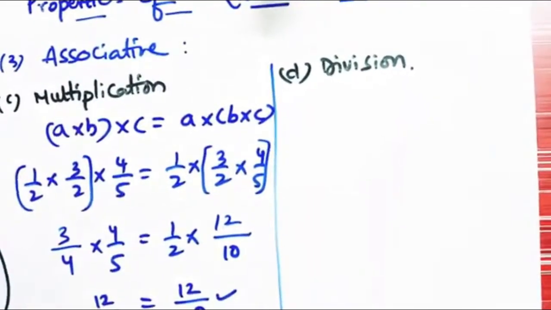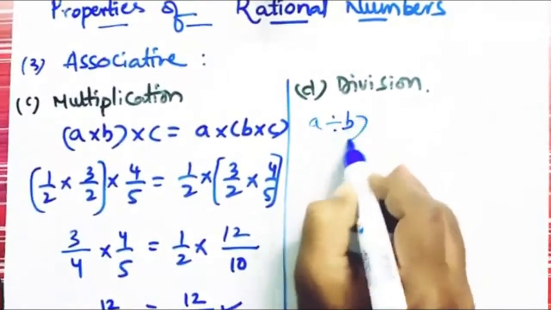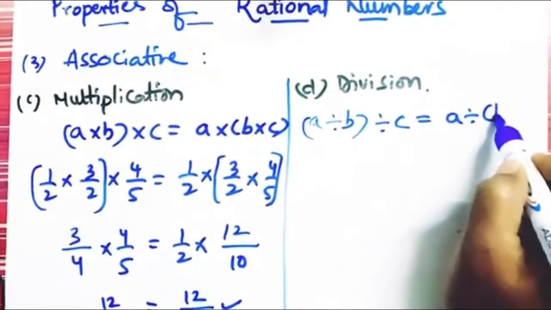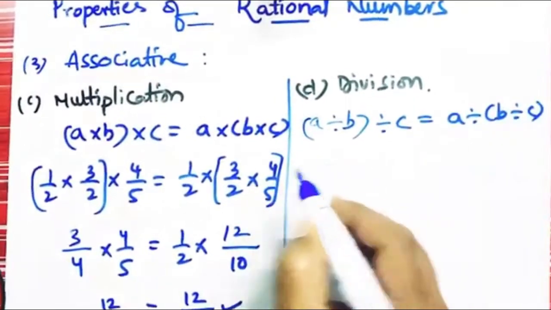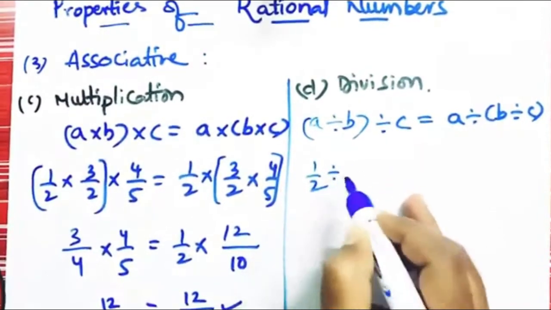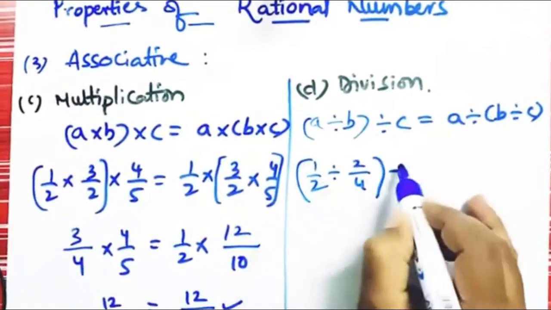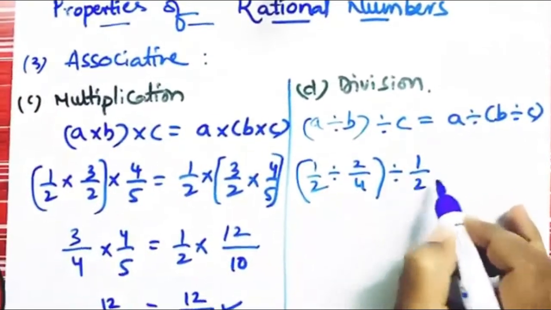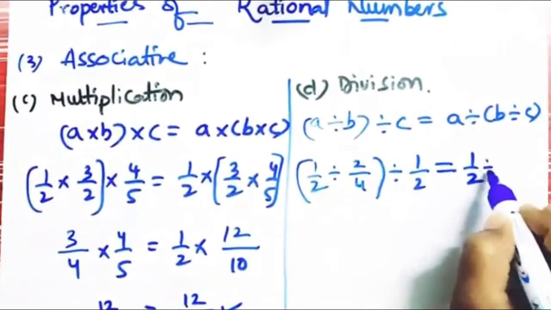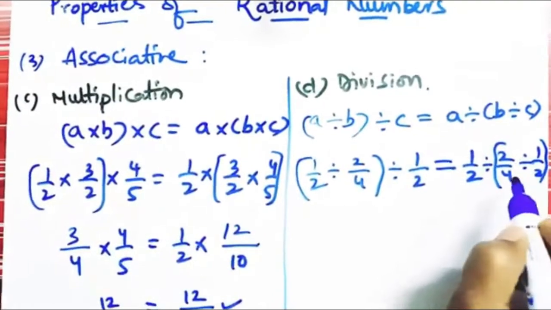Now we will go with the division. (a divided by b) divided by c, compared with a divided by (b divided by c). Let's take the same example, or any example you can take. 1 by 2 divided by 2 by 4, then divided by 1 by 2.